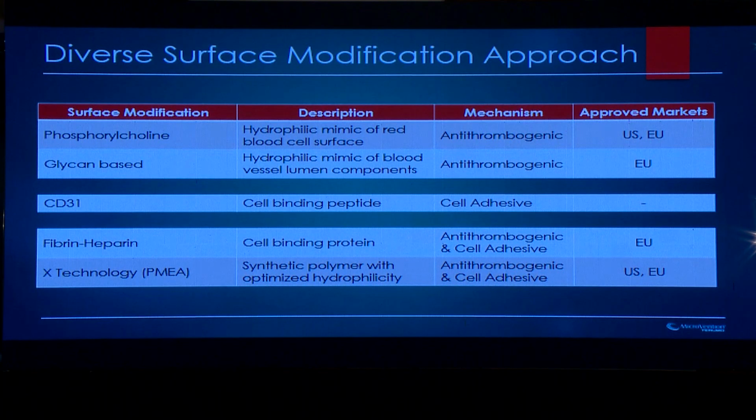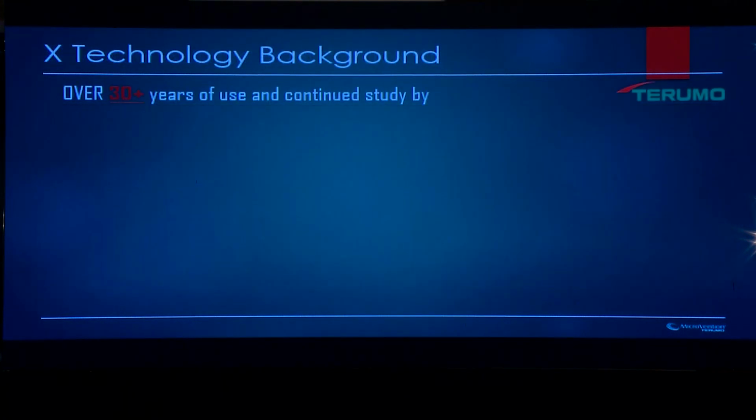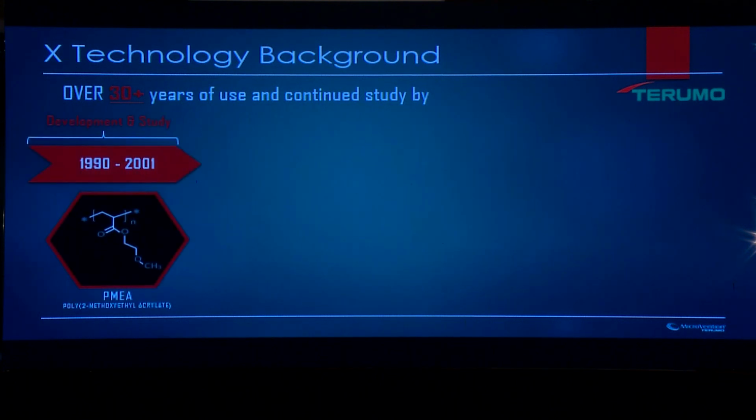And so a number of approaches to surface modification have been devised and brought to the market to either reduce thrombogenicity, increase endothelial cell adhesion, or both, as alluded to by my previous speaker. Now, MicroVention, for what it's worth, have leveraged their partnership with Terumo, who have over 30 years of hemocompatible surface modification with PMEA, which is poly-2-methoxyethyl acrylate.